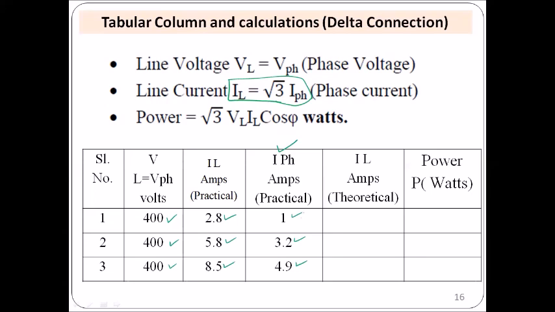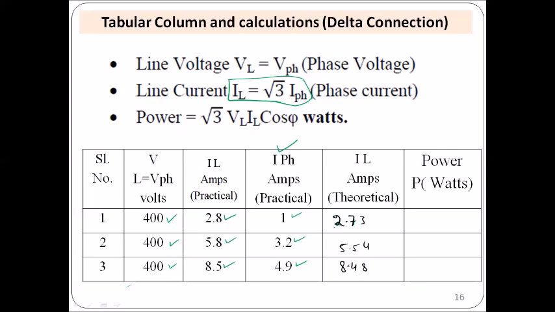Now all the values in this column must be multiplied with root 3, so that you shall get values as 2.73, 5.54 and 8.48. Okay, so this is the calculation of IL theoretical values.